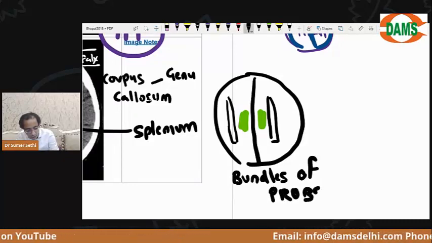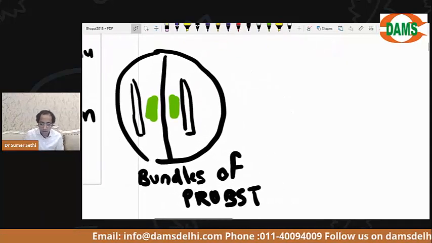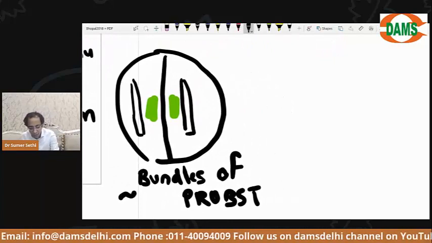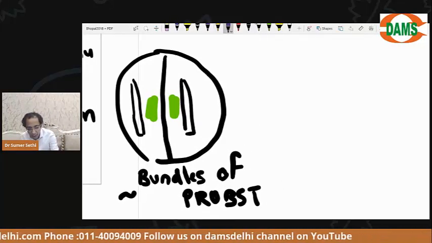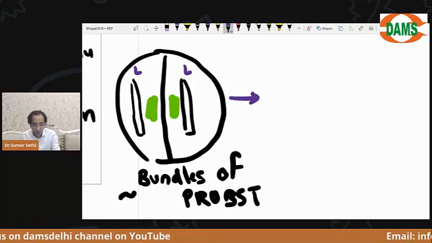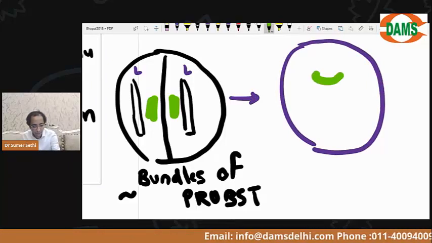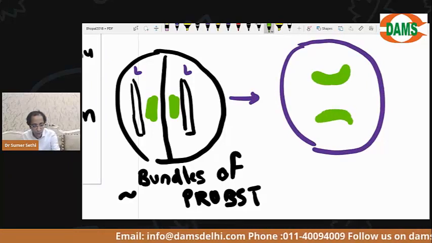On either side of the interhemispheric fissure, in the fetal life, you have bundles of Probst. These are white matter bundles, and the lateral ventricles are parallel to each other. Later on, these bundles of Probst migrate and they start connecting the two hemispheres.